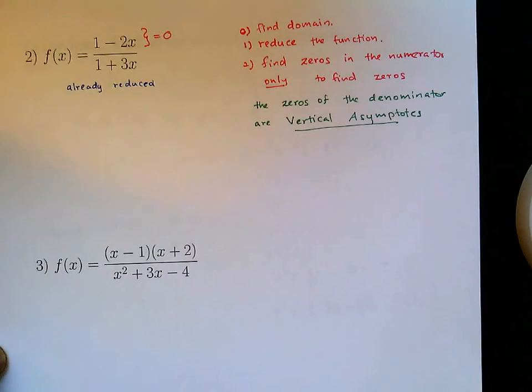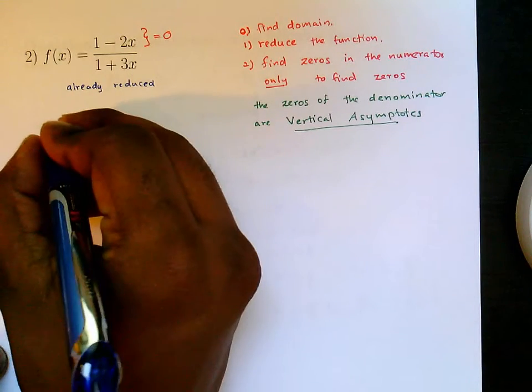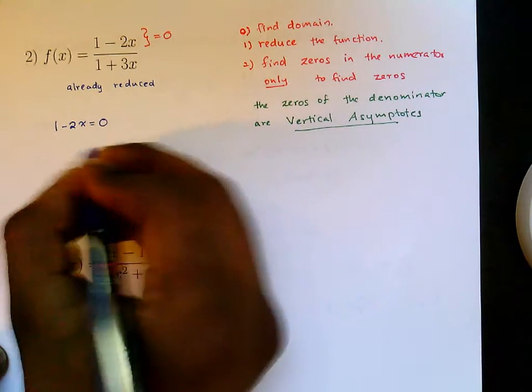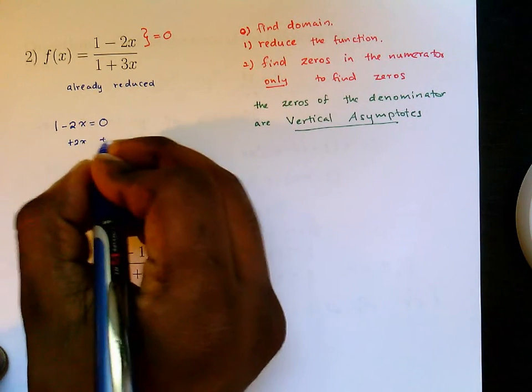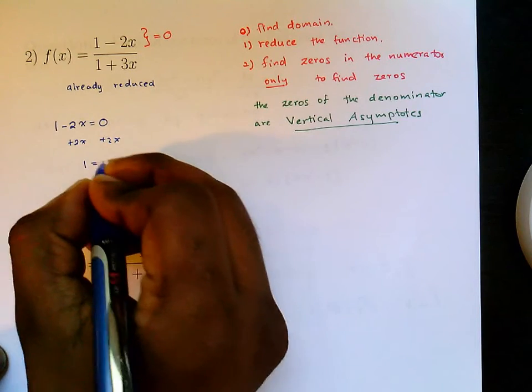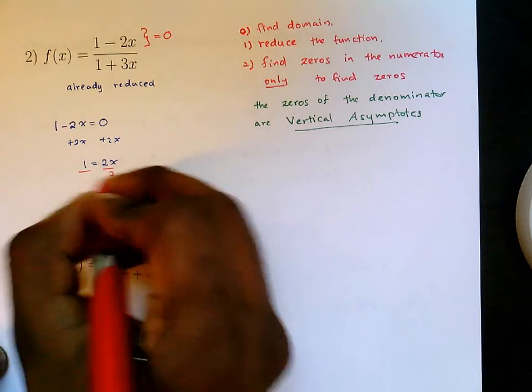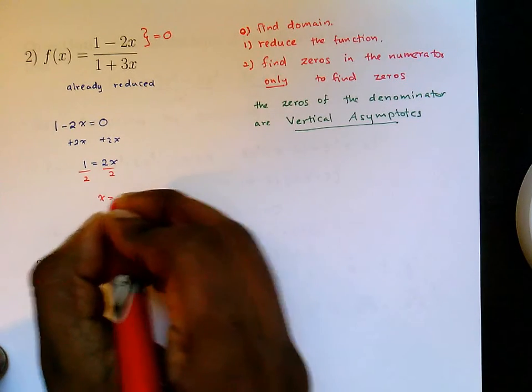So 1 minus 2x is equal to 0. Add 2x to both sides, you get 1 equals 2x, divide by 2, so you get x equals 1/2.